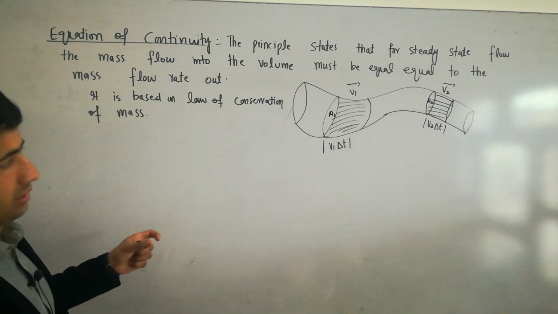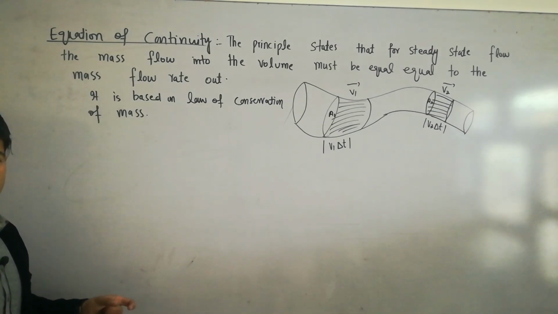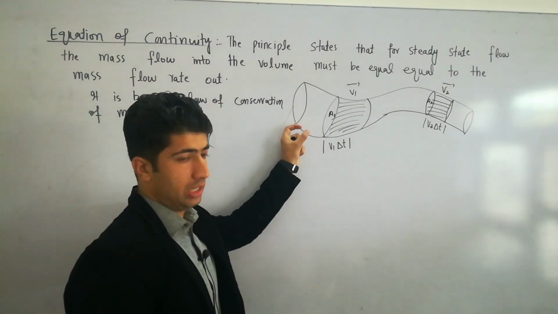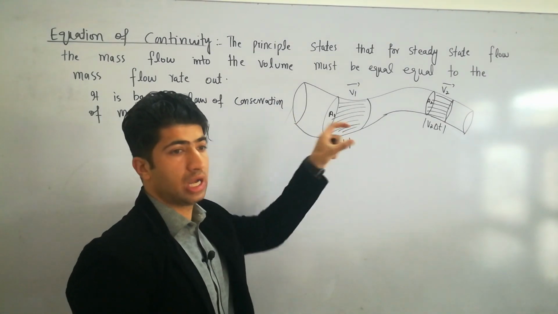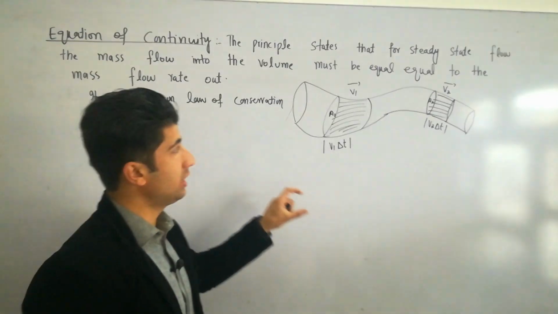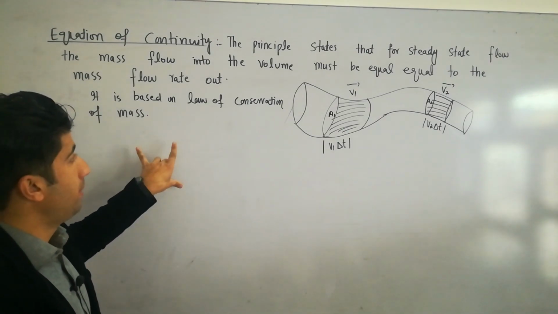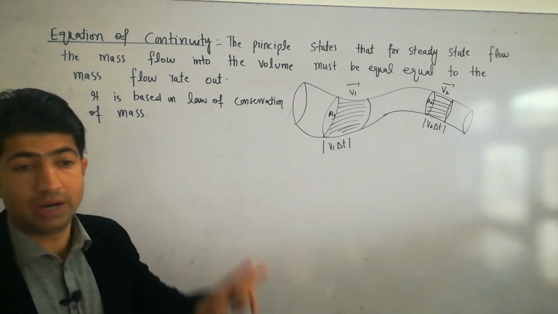Whenever a fluid flows into the pipe, the same fluid which is going into the pipe will be equal to the fluid which is going out from the pipe. It means that the equation of continuity is basically based on the conservation of mass.